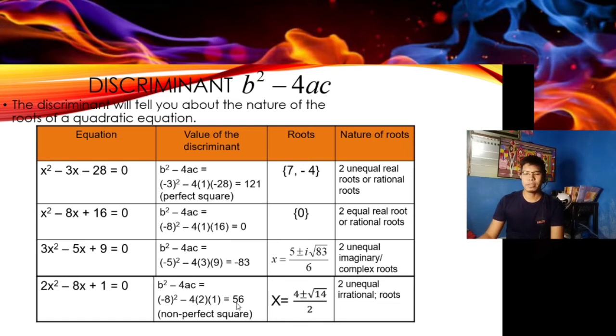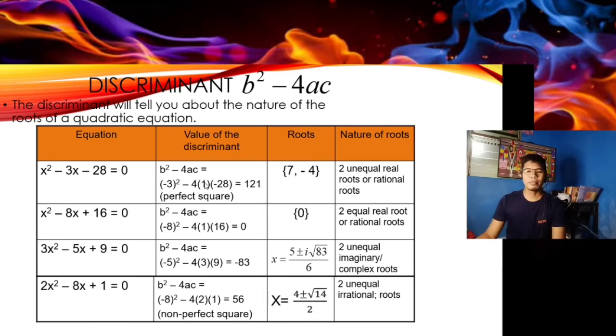So 64 minus 8 is 56, which is a positive number, but this number is not a perfect square. So automatically, the nature of the roots are two unequal irrational roots or irrational solutions.